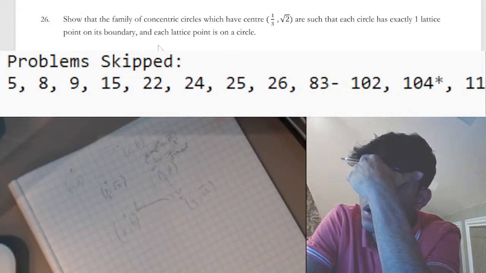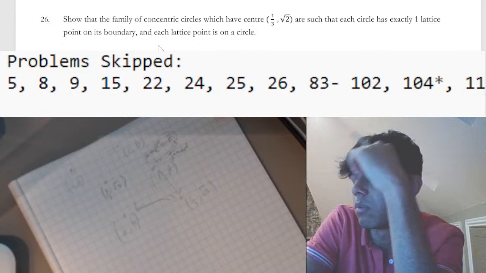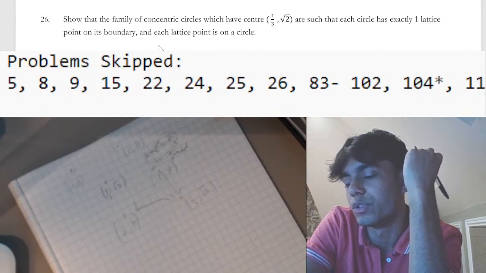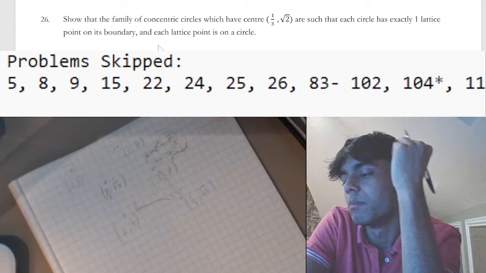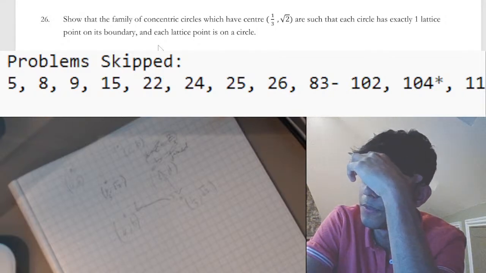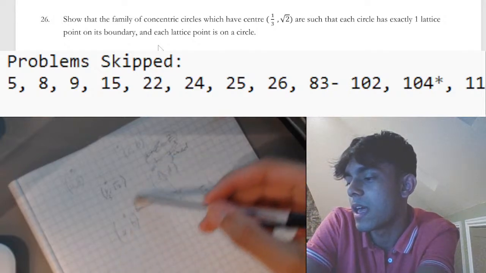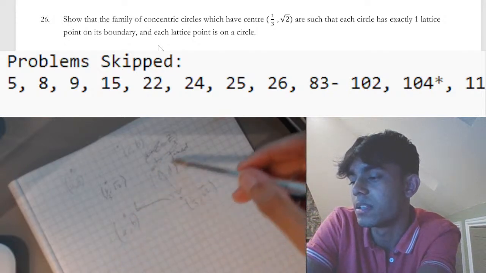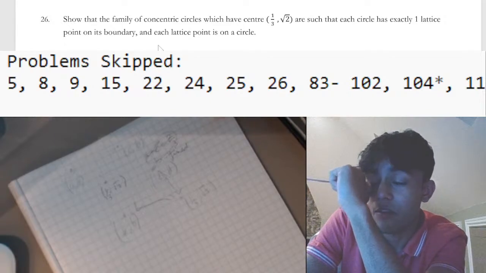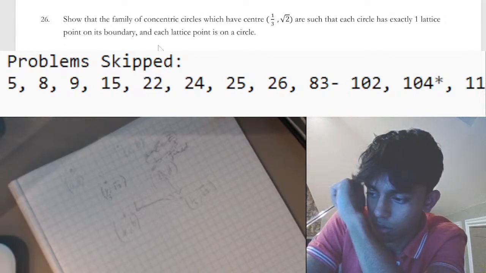Oh, I think I know what the problem is. It's the thing that root 2 is irrational. So the line through A, B, and C, D is going to have rational coefficients.